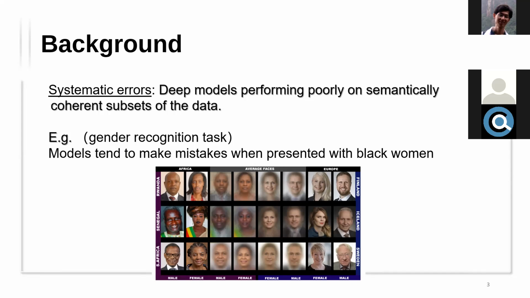And based on this study, the researchers found out that the vision model tends to have a higher error rate when presented with images of Black women. So the subset of Black women's faces is considered as systematic errors for the vision model.